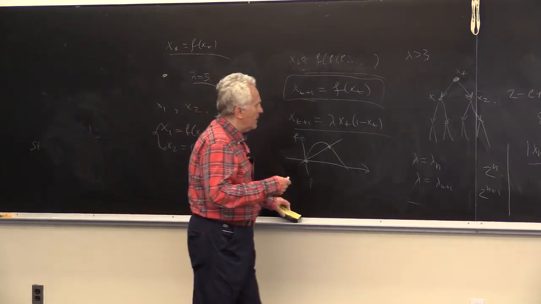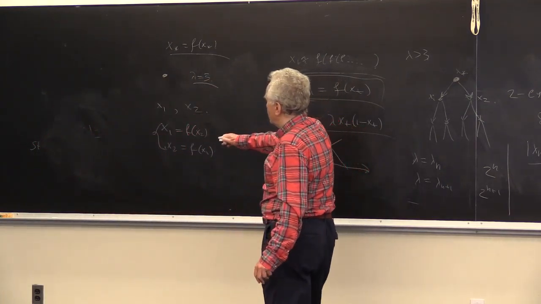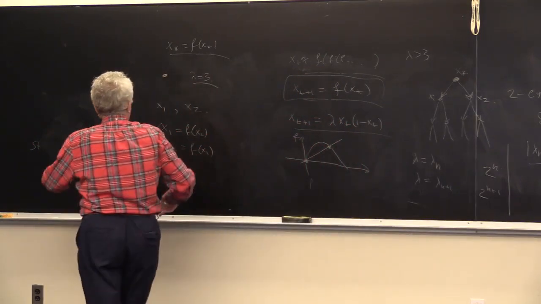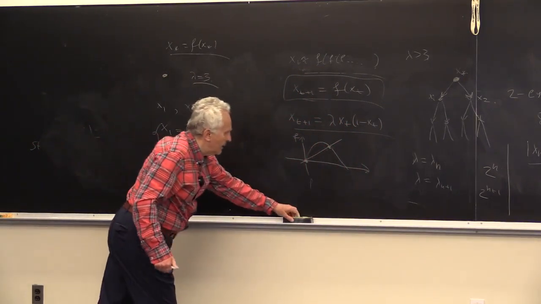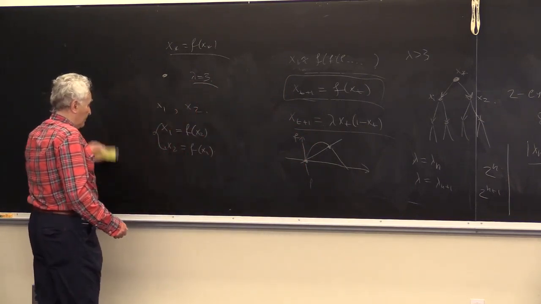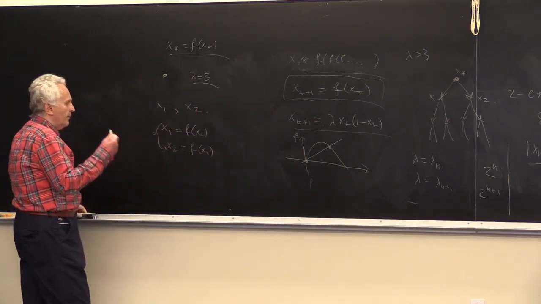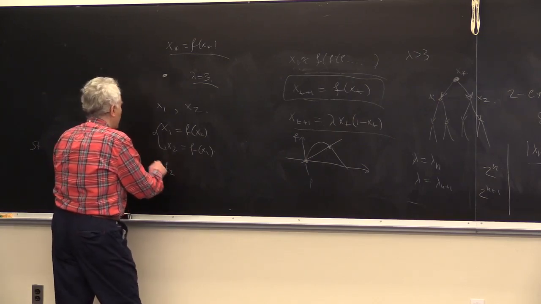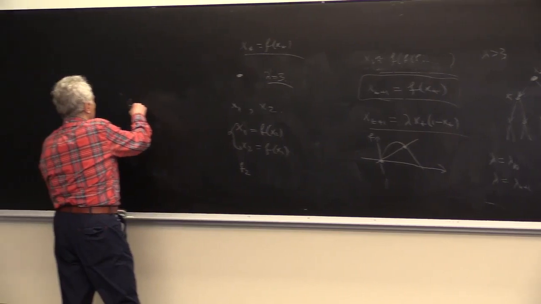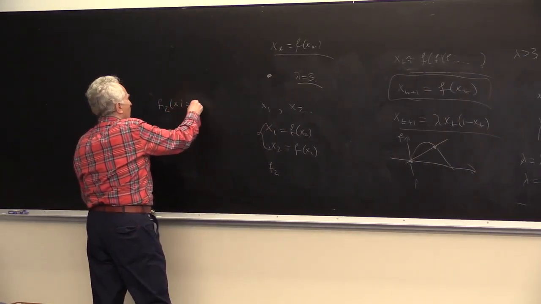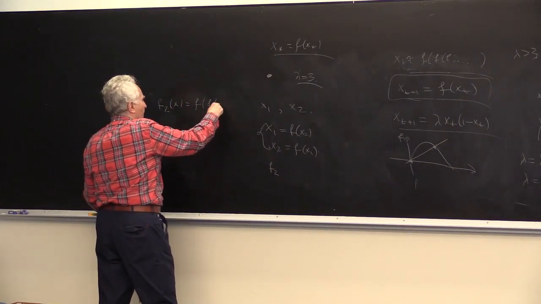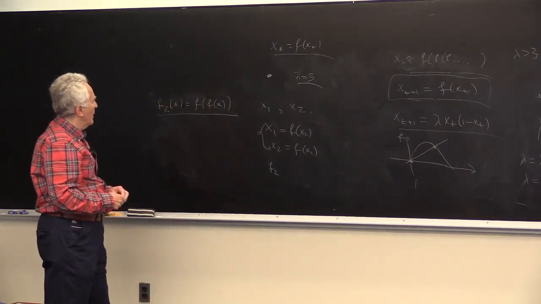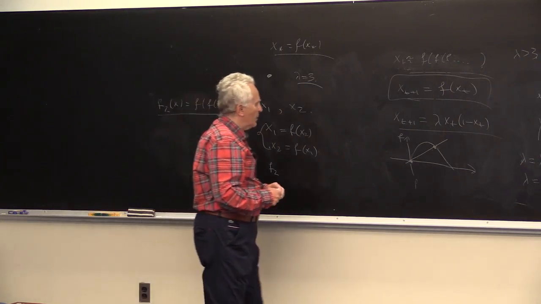And as we will see, as lambda becomes equal to 3, the solution appears. It is not present there for lambda smaller than 3. The convenient way to treat it is to introduce the function f2 of x, which is f of f of x.